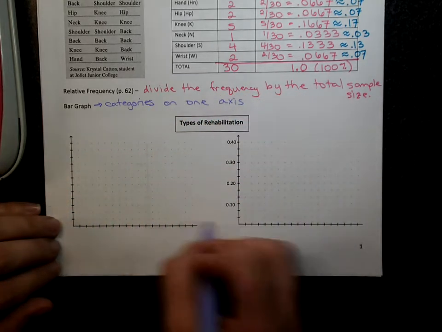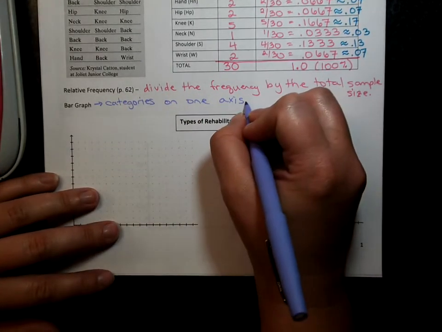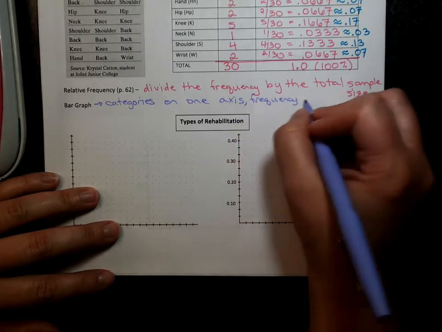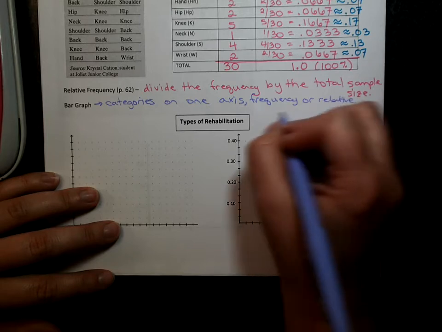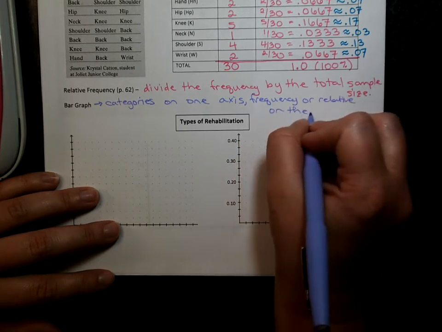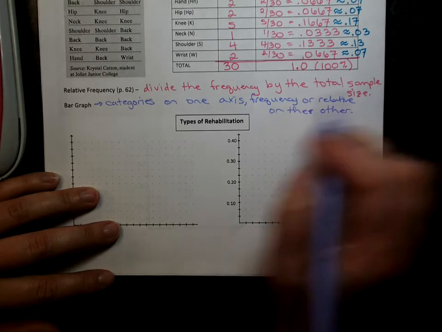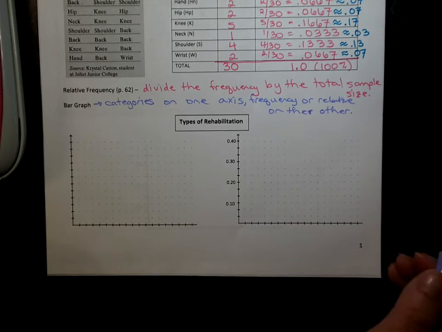And you can do horizontal or vertical. We tend to do horizontal for the categories. And then we have frequency or relative frequency on the other. So categories along one, frequency or relative frequency along the other.